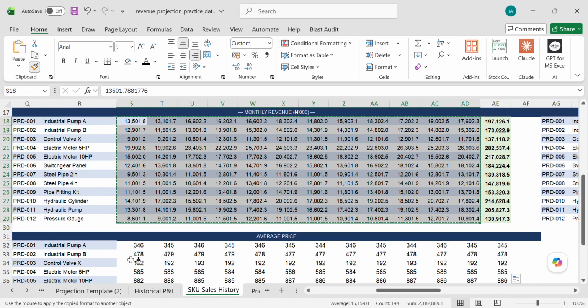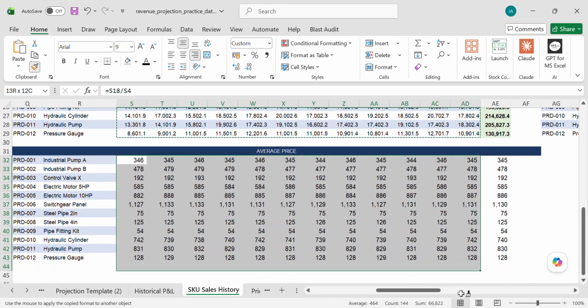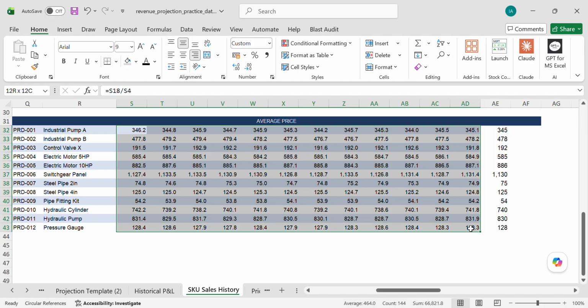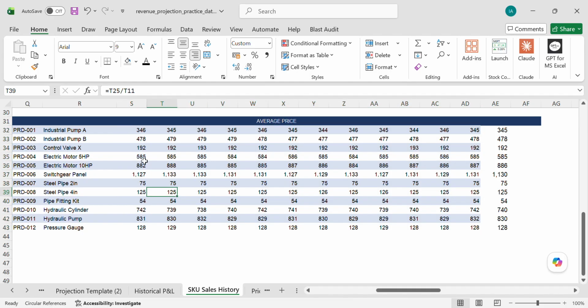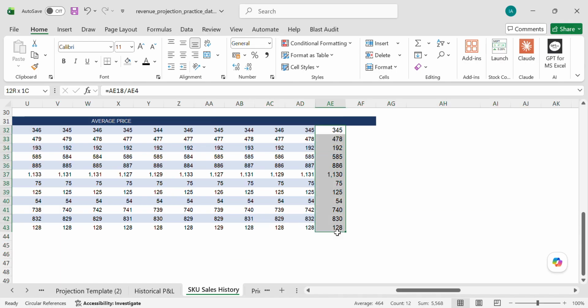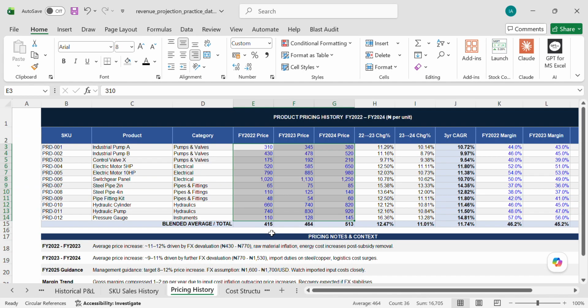Let's make this look uniform. Right. So this is the average price for each of these products. If you go back to our prices, look at 2023. You see, we have 345, which is something we already have here.